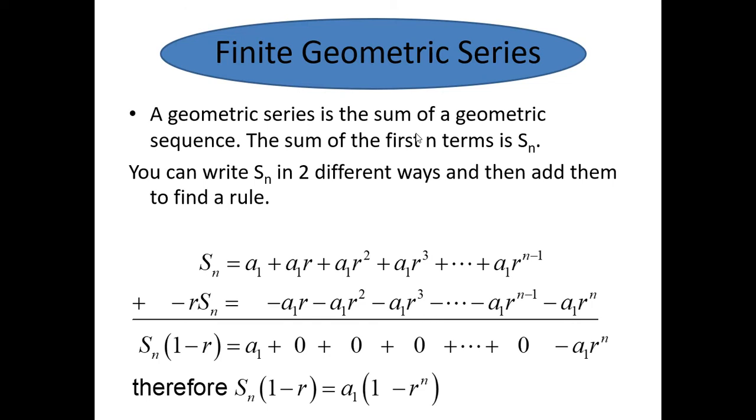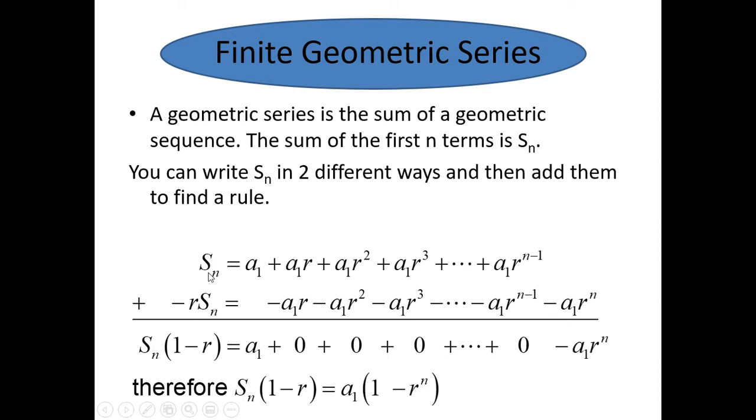All right, a finite geometric series. A geometric series is the sum of a geometric sequence. The sum of the first n terms is s sub n. So I'm going to multiply by a constant ratio. And then, like we did for arithmetic, I'm going to subtract the series multiplied by r.